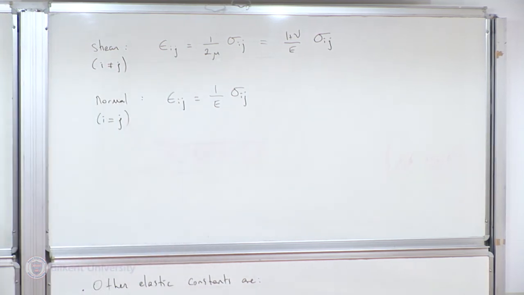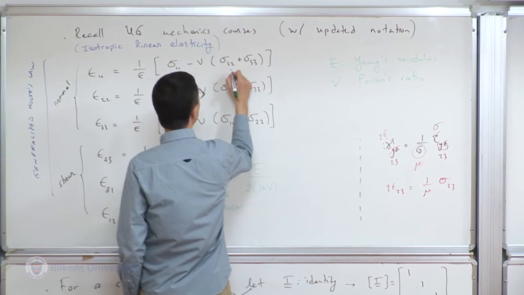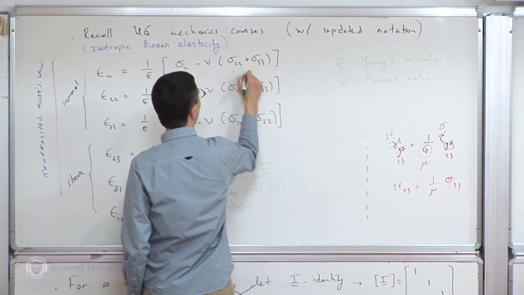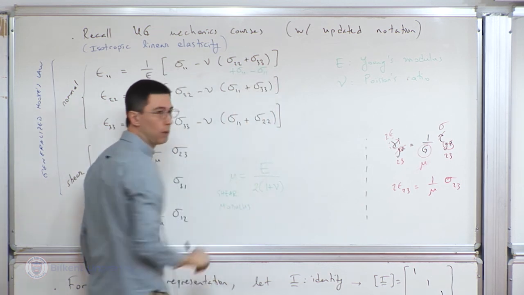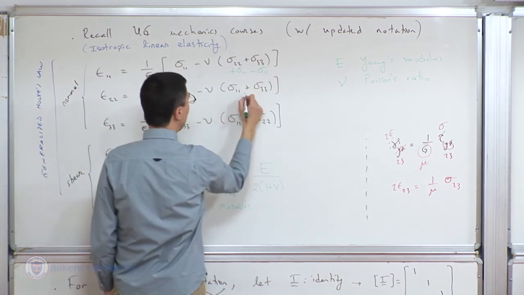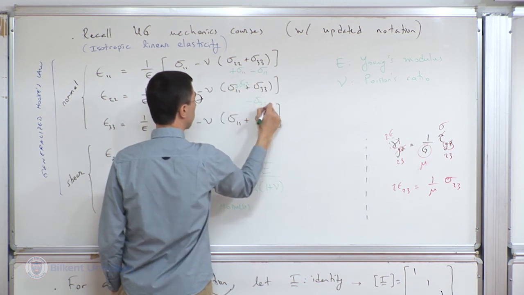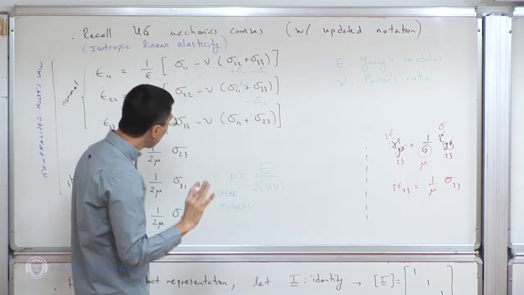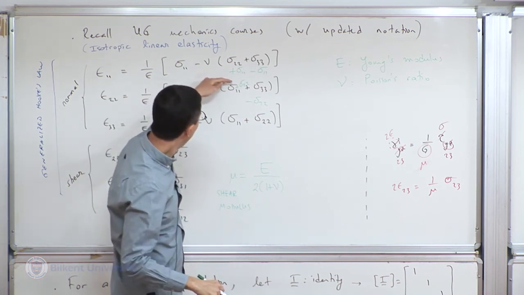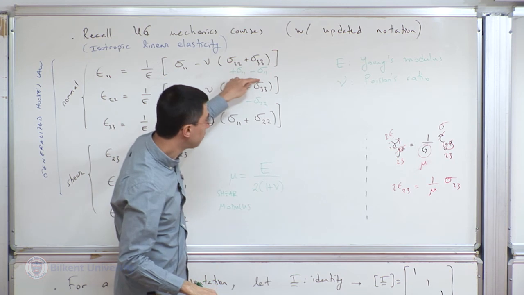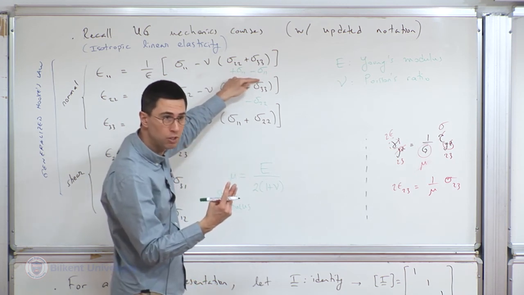Now, this part looks a tiny bit tricky, but let me do a trick here. I'm going to add sigma 1,1, for instance, to the first one, and subtract sigma 1,1. Likewise, here I can add sigma 2,2, and then subtract sigma 2,2, etc. Eventually, in all of the cases, something identical happens. 1,1 plus 2,2 plus 3,3 is 3 times the hydrostatic stress by definition.